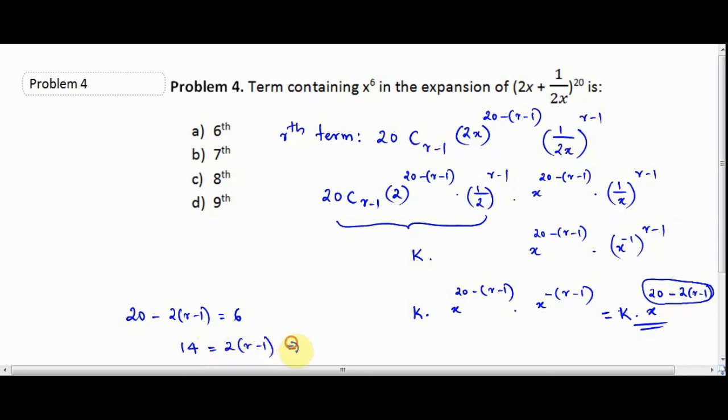If we cancel 2 from both sides, we get 7 on the left hand side. So 7 equal to r minus 1, which implies the r value is equal to 8. So it will be the 8th term which has x raised to 6 in the expansion. Here the right answer is given by option C.